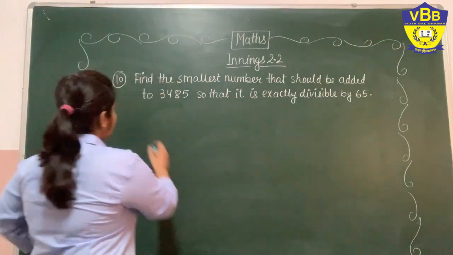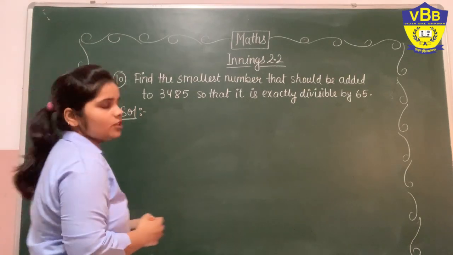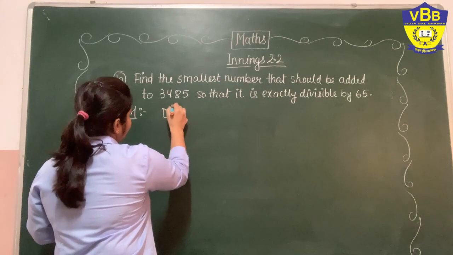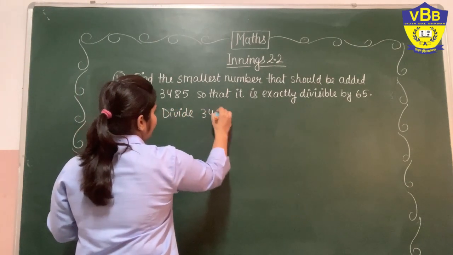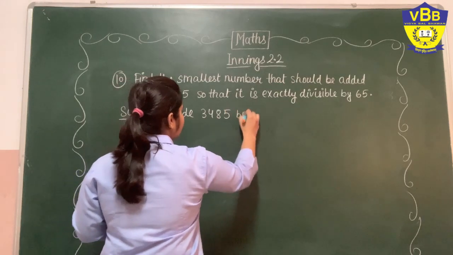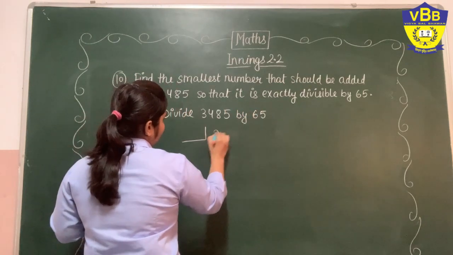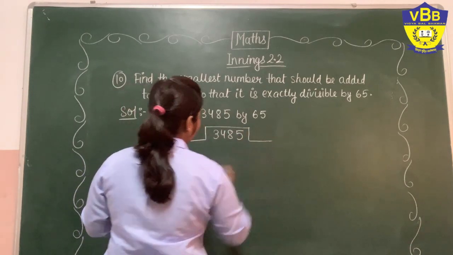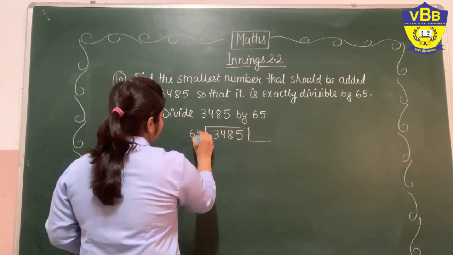Okay, let's first divide these numbers to check what should be added. Divide 3,485 by 65. 3,485 is the dividend written inside the column, and 65 is the divisor written here.